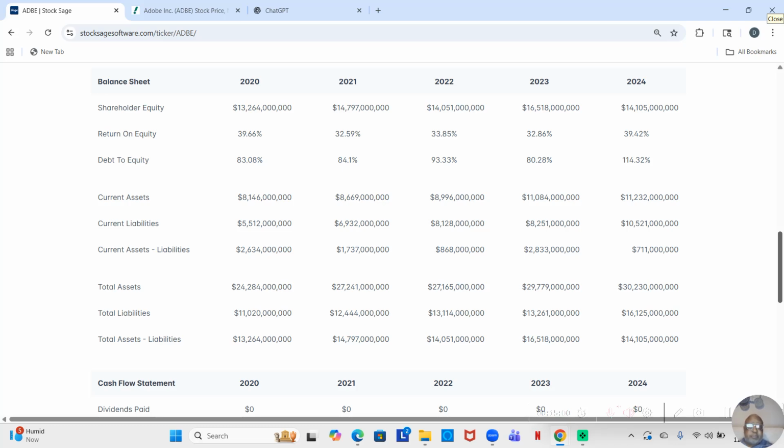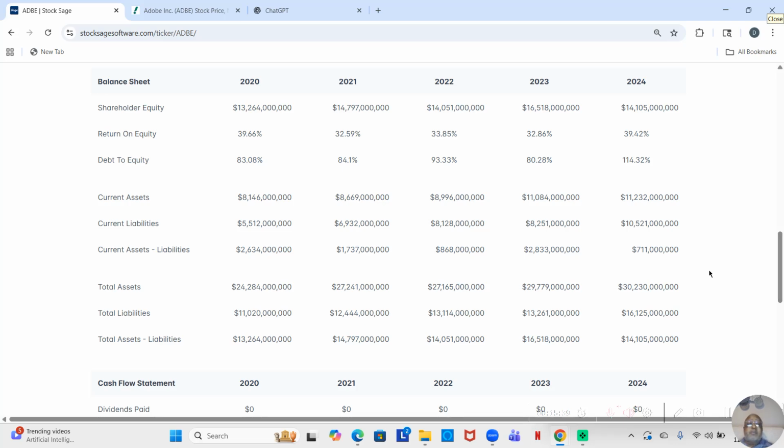In this case, 2020, 83.08. 2021, 84.10. 2022, 93.33. 2023, 80.28. And 2024, 114.32. Not only is it below 200% for all 5 years, it's below 100% for 4 of those years.